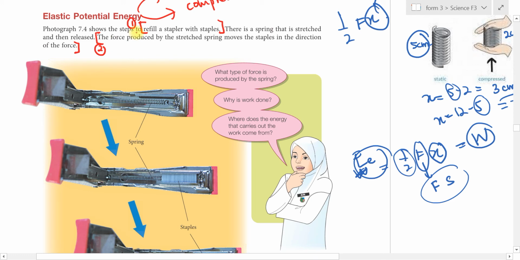Okay, the first point is refill a stapler with staples. That is our daily activity. Another, the explanation for that is a force is produced by the stretched spring. Move the staple in the direction of the force. That is upward. Okay.